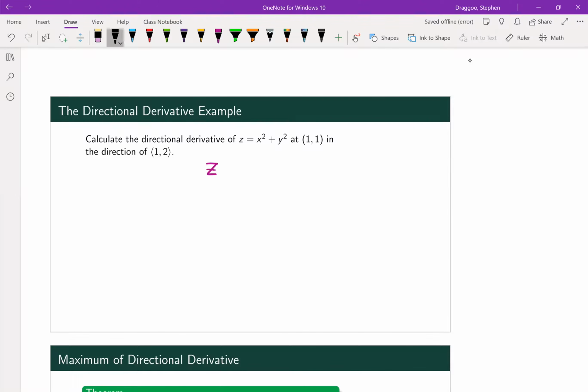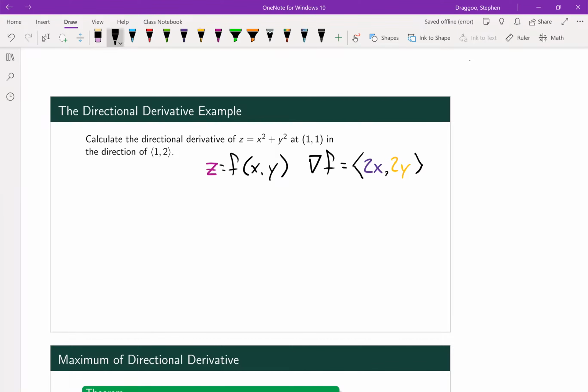So z is a function of x and y, meaning that we can get the gradient of f, and that gradient of f should be the vector (2x, 2y), since we'll just take the x partial and the y partial of our function and put the x partial in the x coordinate and the y partial in the y component.